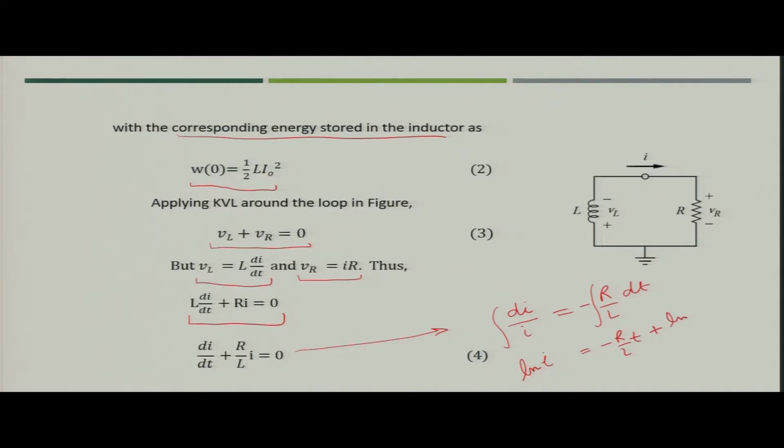Let us assume that constant is ln A, as we did when analyzing the RC circuit. So we can write ln i by A equal to minus R by L t.